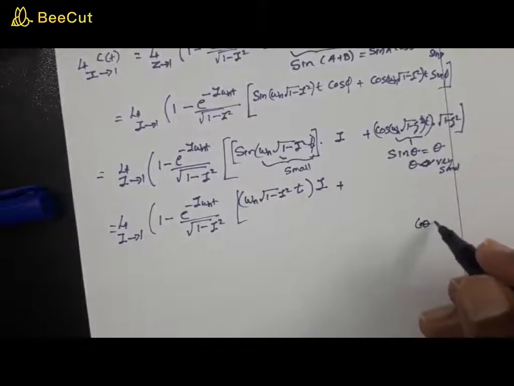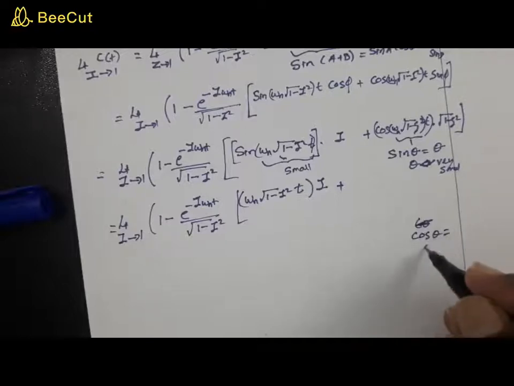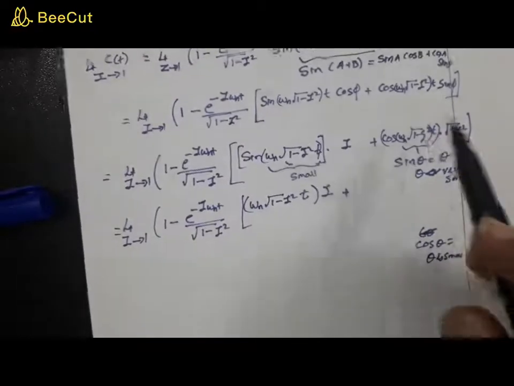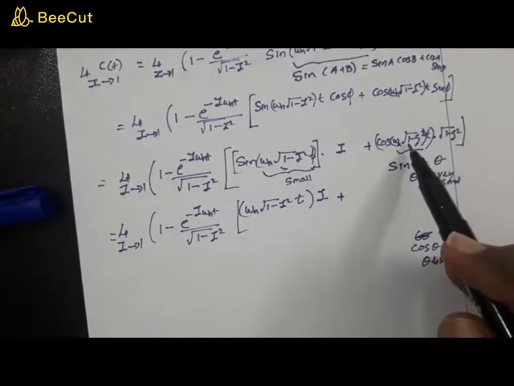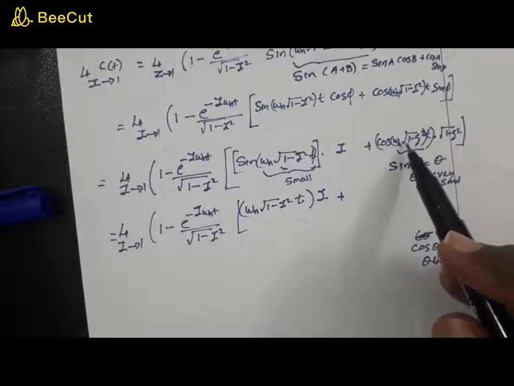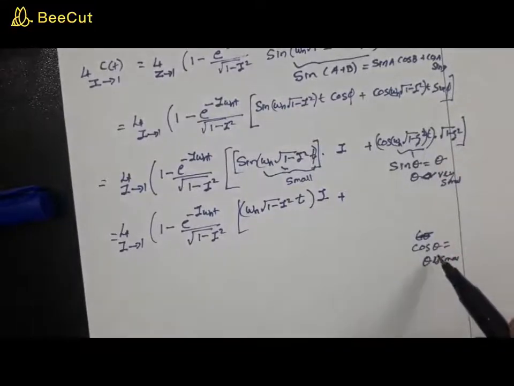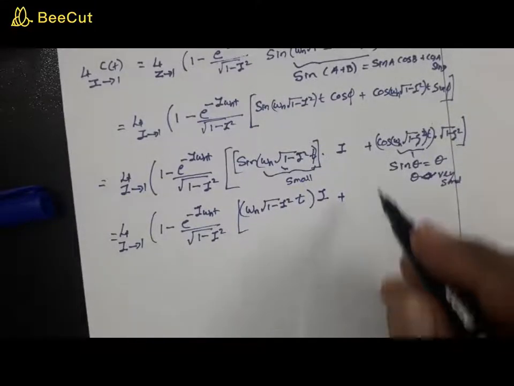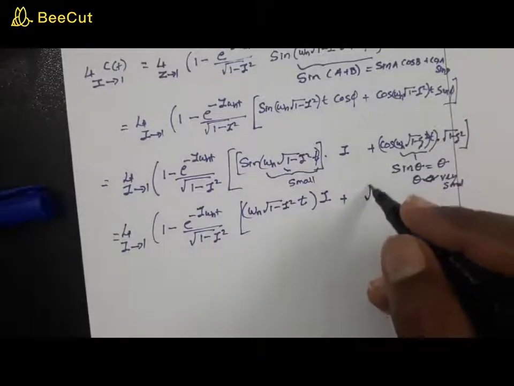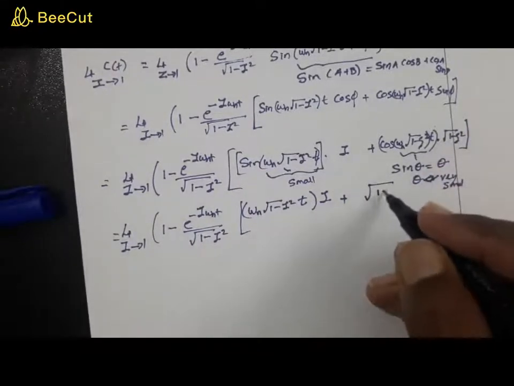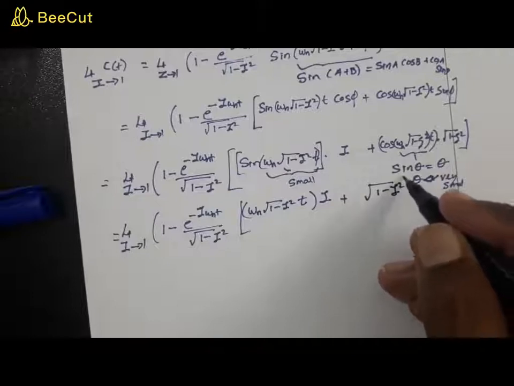When theta is very small, approximately zero, and theta is small because of the term root of 1 minus theta square, which becomes close to 0, then as theta approaches 0, cos theta becomes equal to 1. So you can substitute that, and the remaining term will be 1 minus theta square.